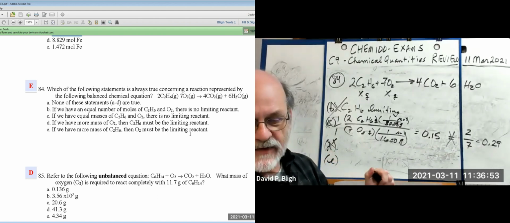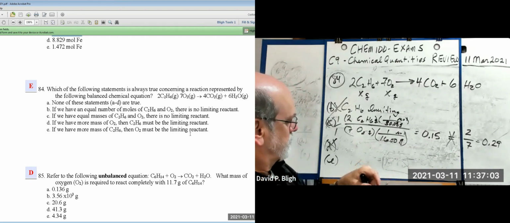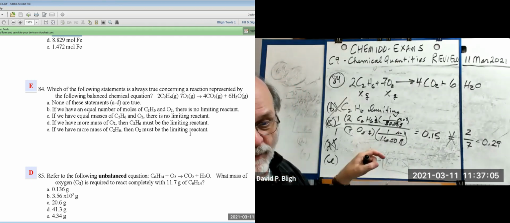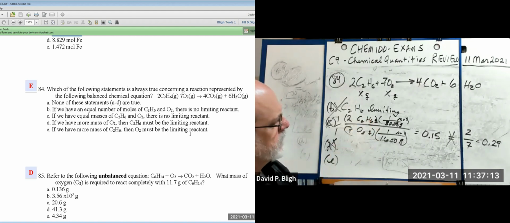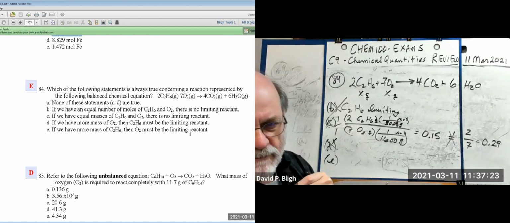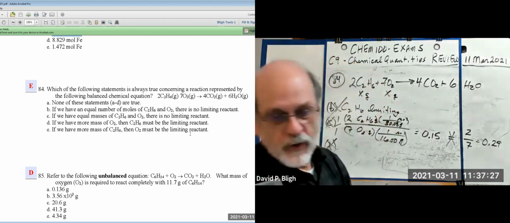How about E? If we have more mass of C2H6, then O2 must be the limiting reactant. Okay, more mass of C2H6 makes this a bigger number. Actually, we need to look at that. That may not be the best approach, the approach that I took.